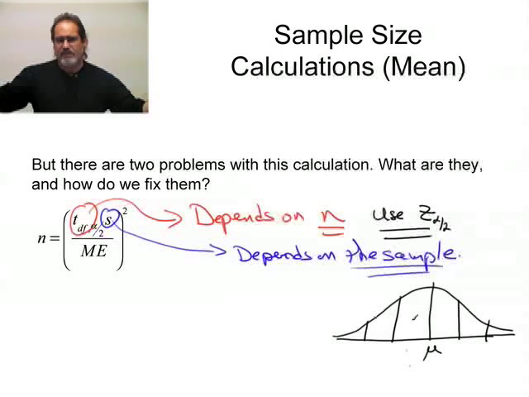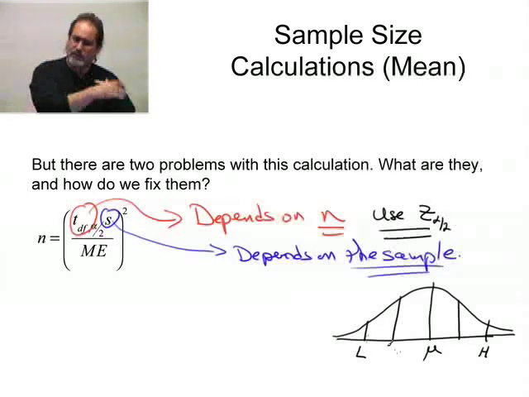Anything beyond 95%, that last 5%, 2.5 in each tail, we start thinking as being unusual observations. So, if I can get an estimate for what I think the high value is going to be when I collect my data, that should be around 2 standard deviations away. Maybe a little bit more, but somewhere in that area. The low estimate should be around 2 standard deviations below.